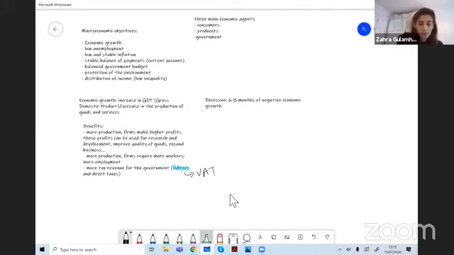And we have direct here, which is income taxes. There's also another example of direct tax called corporation taxes, which is basically what businesses pay.